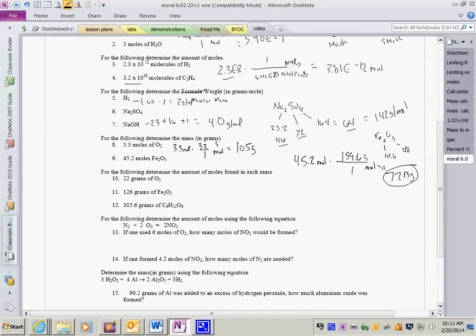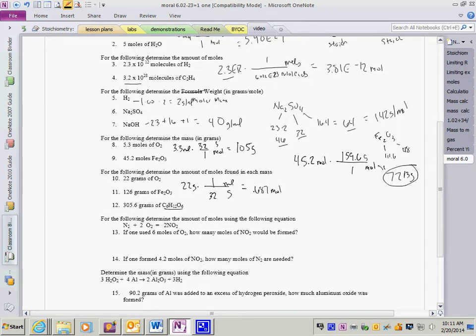Determine, for the following, the amount of moles found in each mass. So now we're going to do just the reverse process. 22 grams, get rid of the grams and go to the moles. 1 mole of oxygen is 32 grams, so we have less than 1 mole. 22 divided by 32 is 0.687 moles.